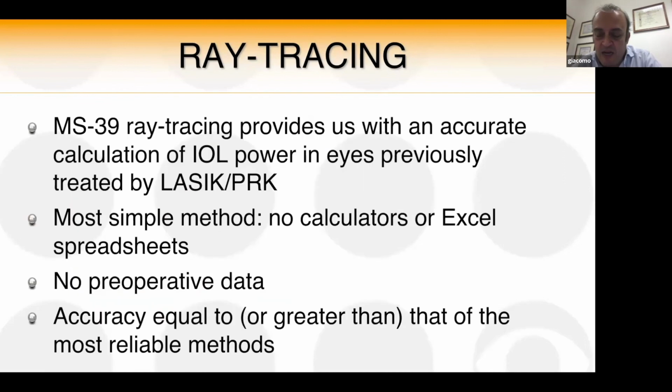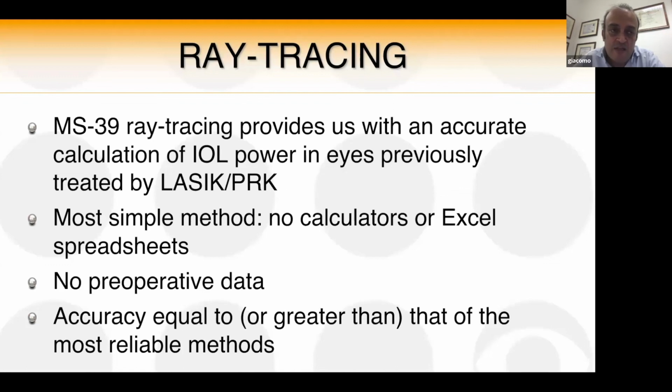Before going to the last examples, I just want to tell you that since I showed that the Holladay 2 adjustment was the best choice, CSO developed their own axial length adjustment, which I think is very similar to the Holladay 2 adjustment, so that now you don't need the Holladay software.